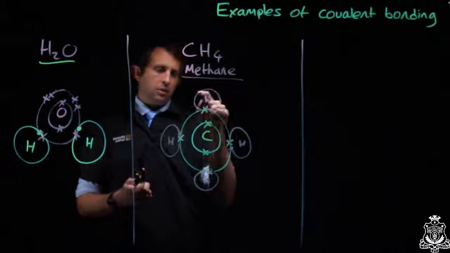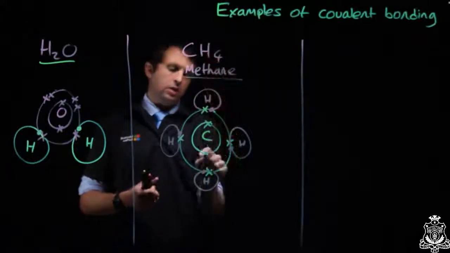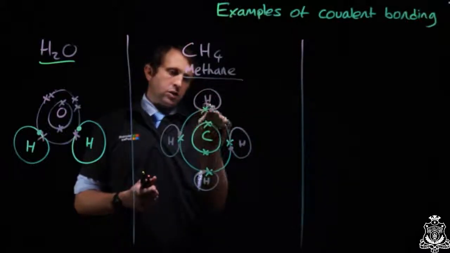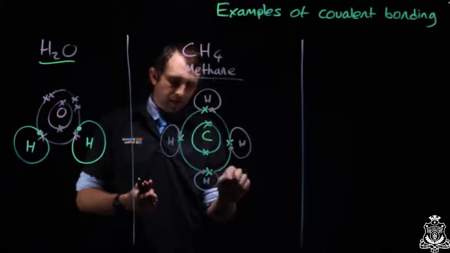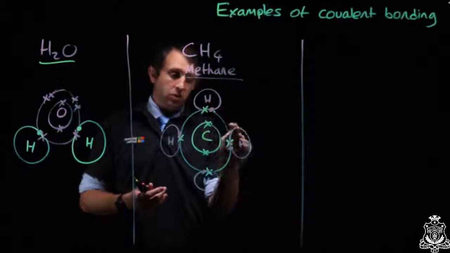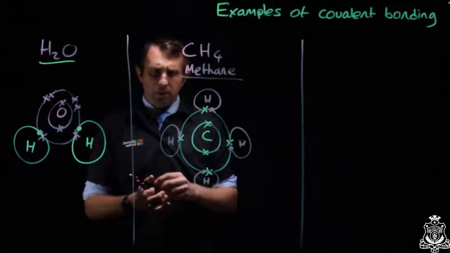Now you can see we've got 4 hydrogen, H4, the little subscript means there's 4 hydrogen, and we've got 1 carbon, CH4. 2 electrons in this shell of hydrogen, happy. 2 here, happy. 2 here, happy. 2 here, happy. How many in the carbon now? 1, 2, 3, 4, 5, 6, 7, 8. 8 is happy.